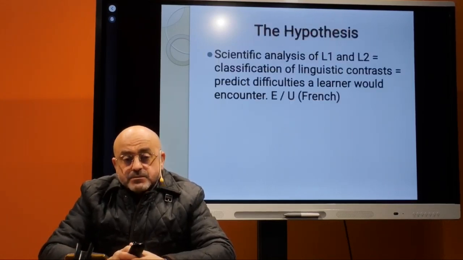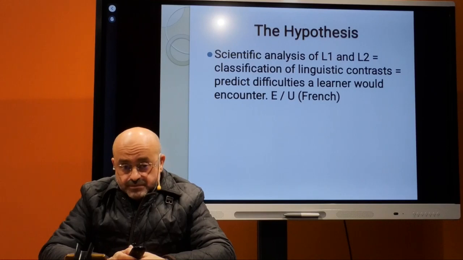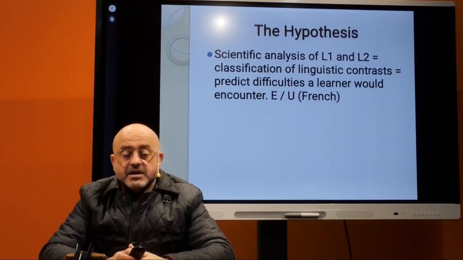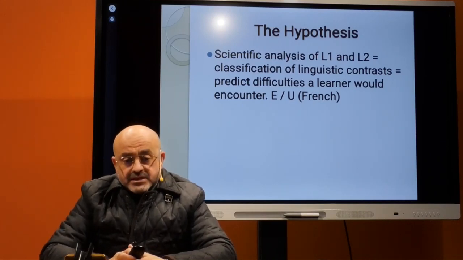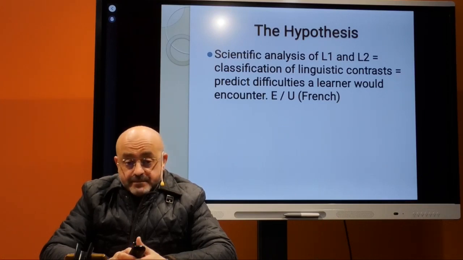So to do a kind of contrastive analysis, we need a scientific analysis of both the mother tongue and the target language, by classifying all the linguistic contrasts between, or at least trying to classify the linguistic contrasts between, the mother tongue and L2.